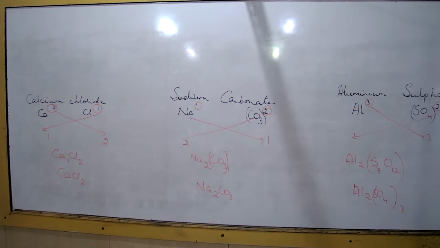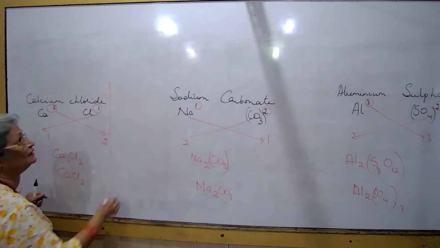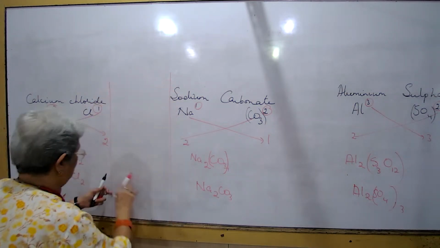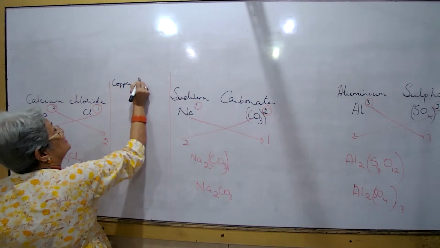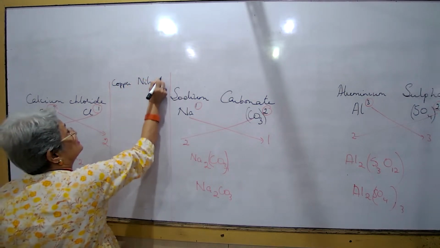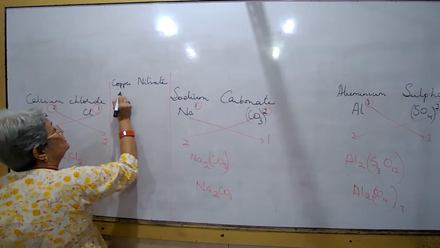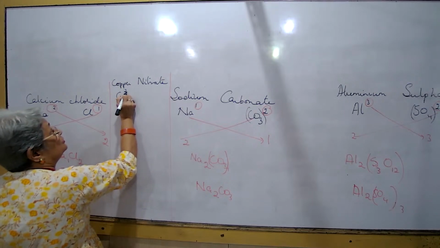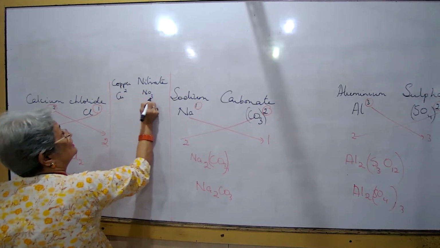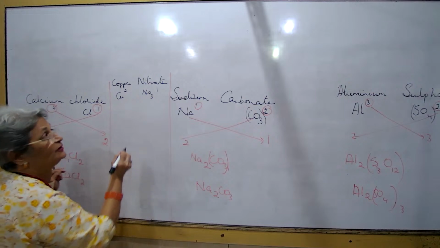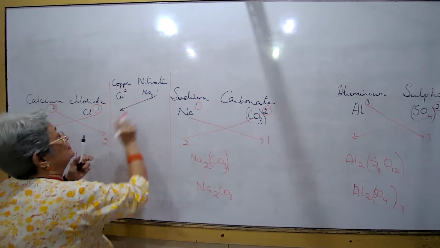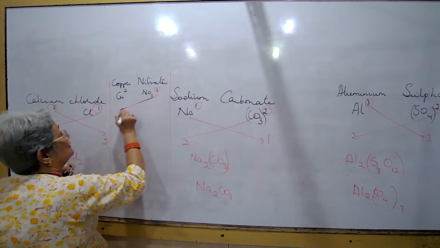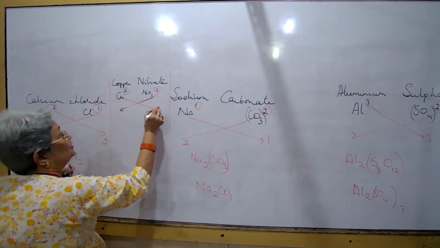Suppose you have got copper nitrate. So copper is what? Cu 2. Nitrate is 1. But this one will come here, and this 2 will go here.